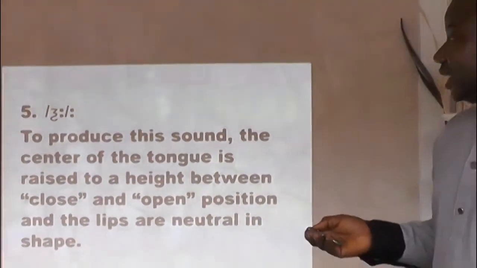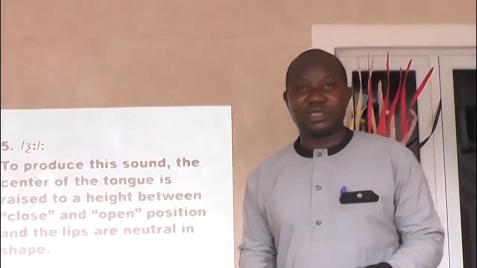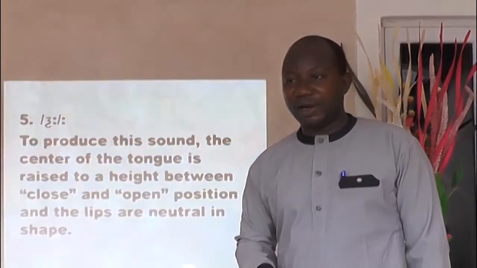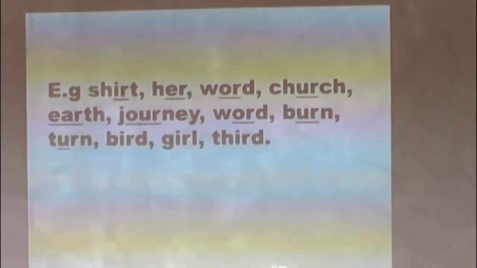I will compare this sound with another sound we have just discussed. This one is different. It's called er. Say it after me. Er. Now let's look at the examples under this.